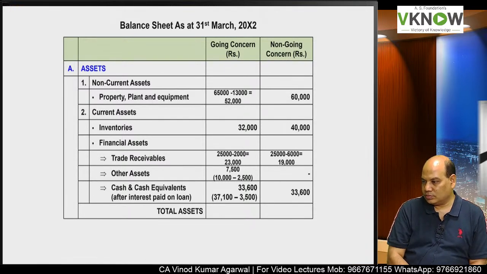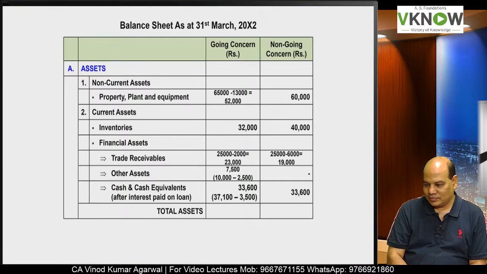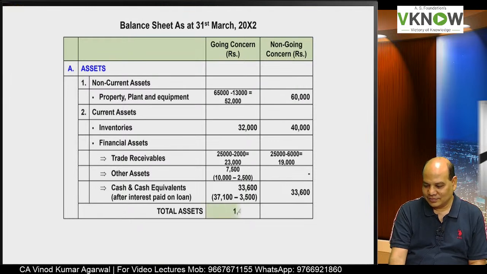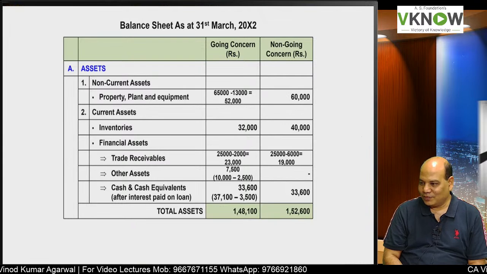Sundar Rahul, Ajit Pawar. We have a student Ajit Pawar. Now I am in safe hands. 148,100. Very good. 152,600.